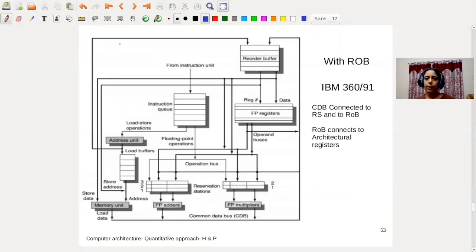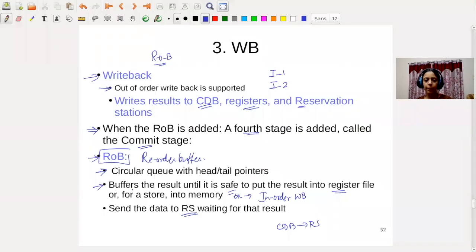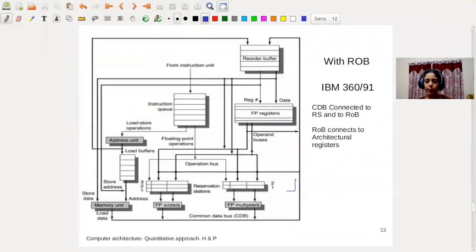So this is the structure of the machine with the reorder buffer. Okay, so before we go there, let me just correct what I just said. So we're going to send the data from the CDB to the reservation station as we did earlier. But the only difference is that we are not going to send the data from the CDB to the registers directly. So the CDB to the reservation station connection is still going to exist because that is going to help us speed up this process.